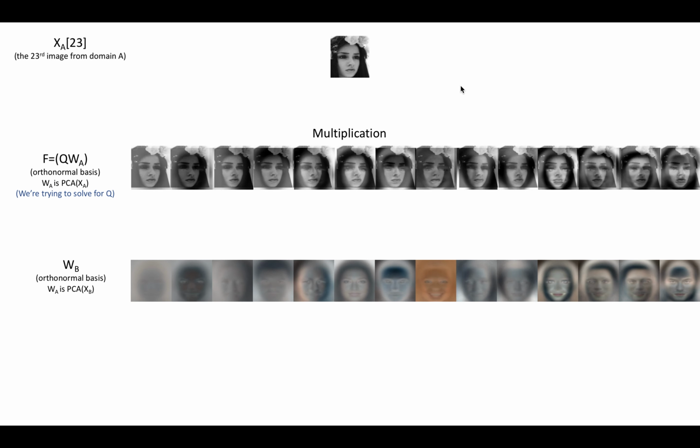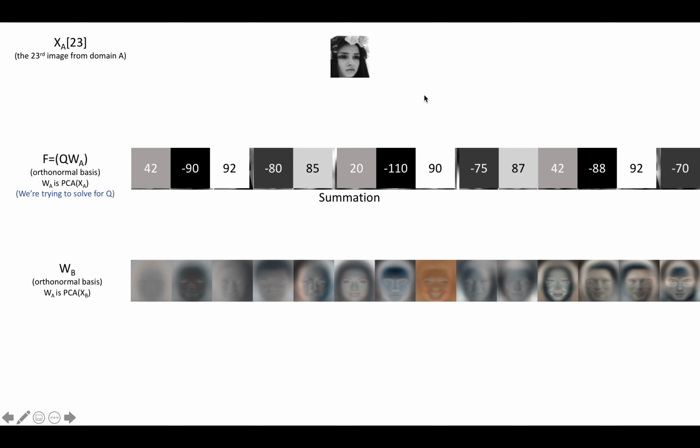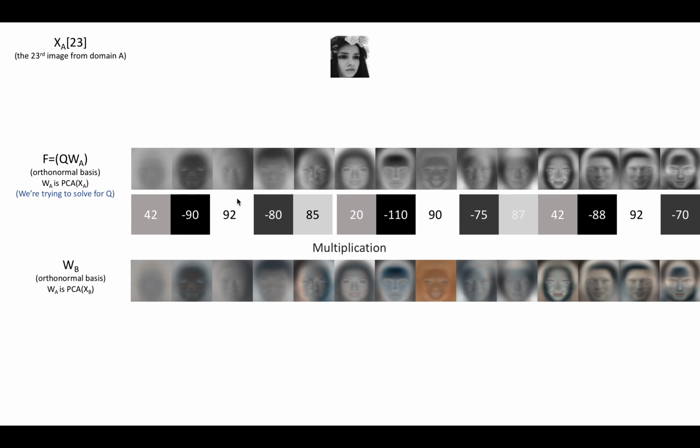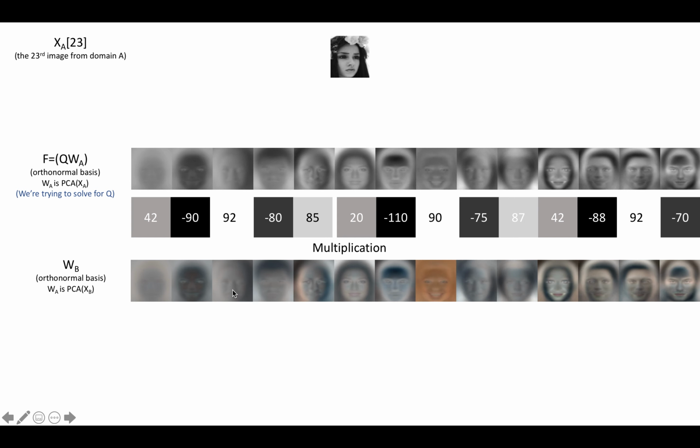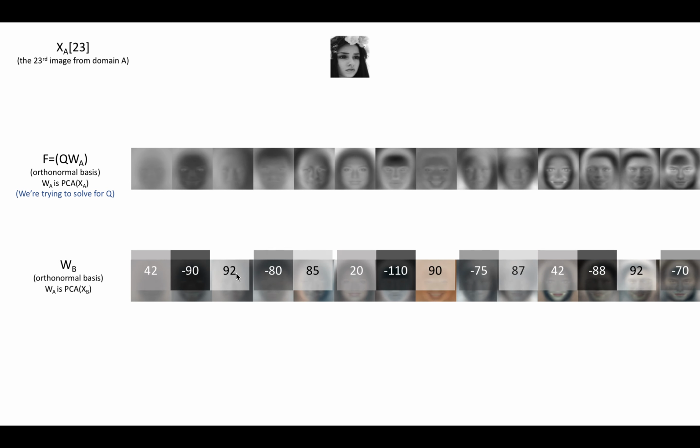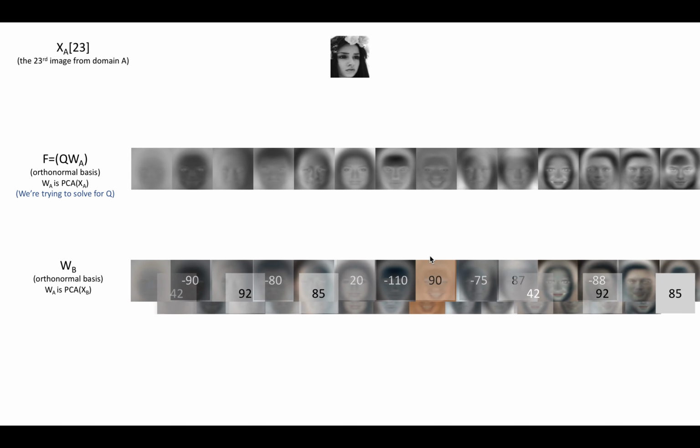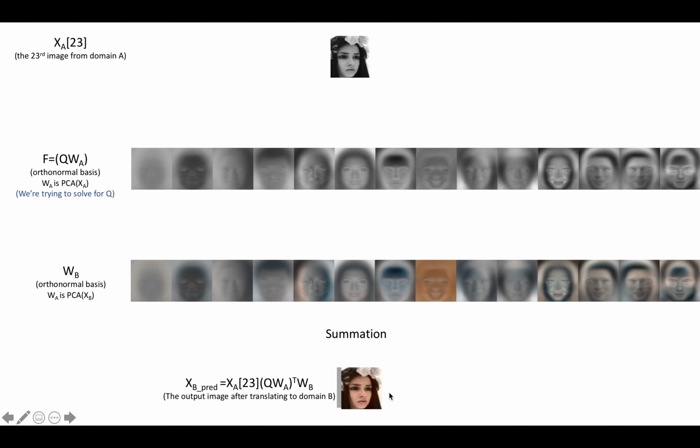We're multiplying it and getting the sums. Note here that black means negative and white means positive, because these images are actually all normalized before we do PCA. After we have these embeddings, we then take these numbers and we go to the corresponding embedding in WB. And we multiply WB by that number, and then we add the results all up together to get our color image.